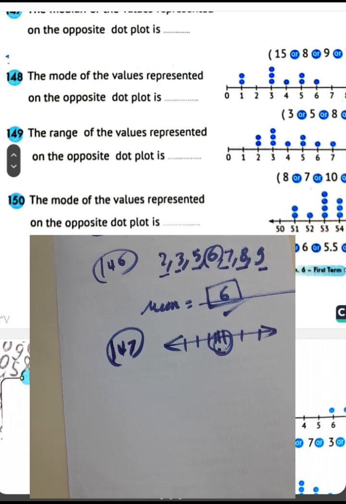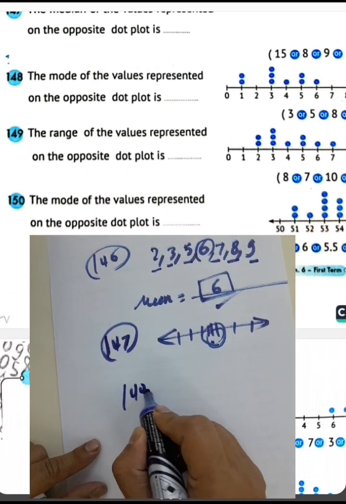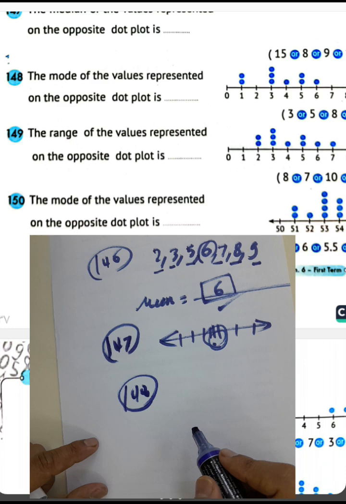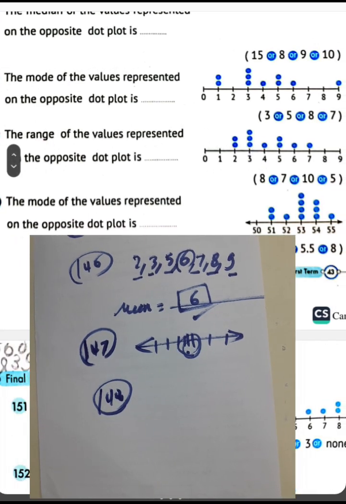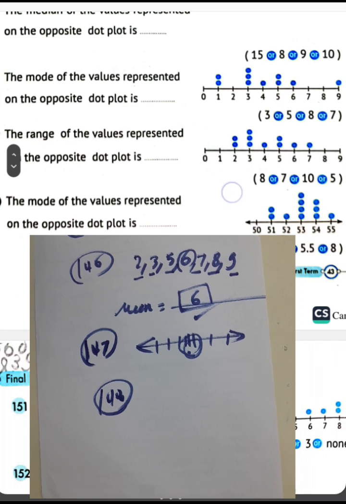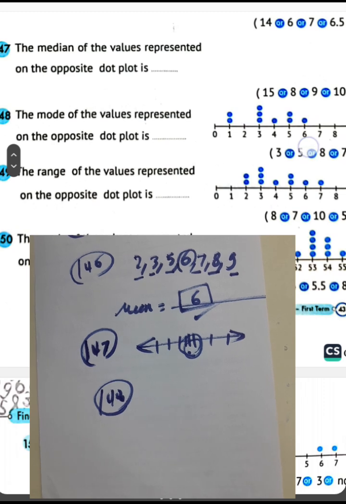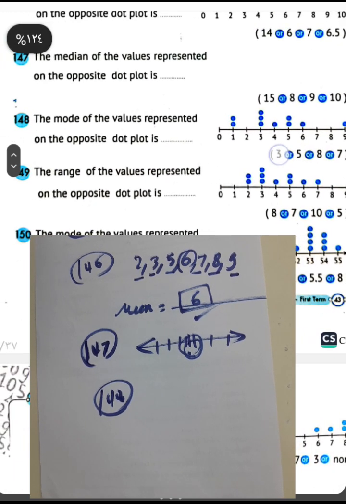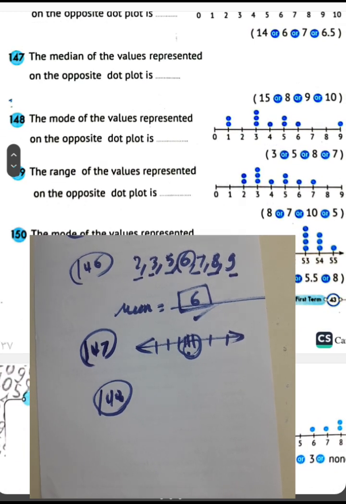It will be what? Question 148. Look with me at the points here. We want to find the mode of all these numbers. We have 9, 6, 5, 4, 3 and 1.